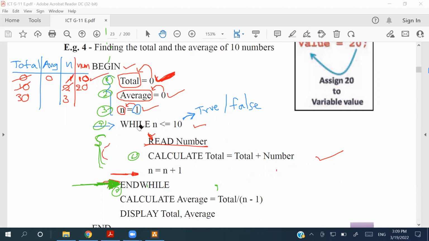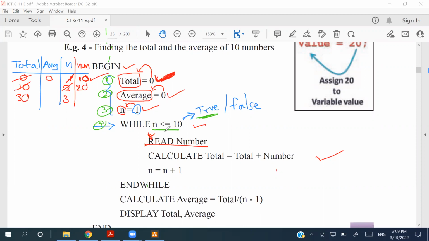Yes, so. Now, if n is equal to 10, this is still true. Right?